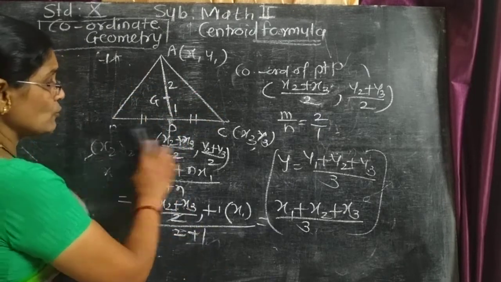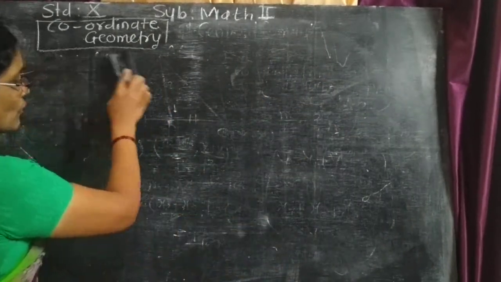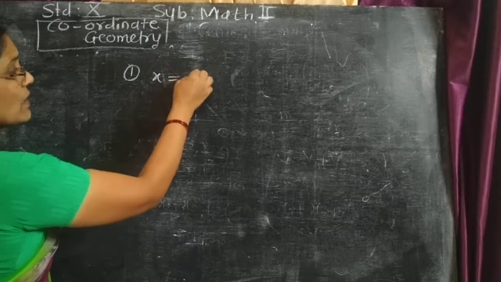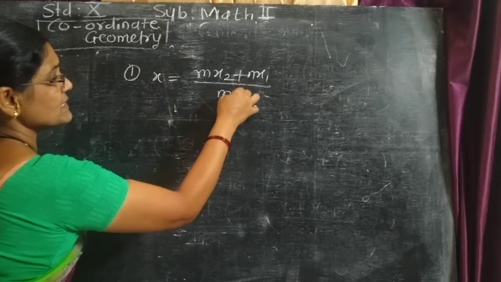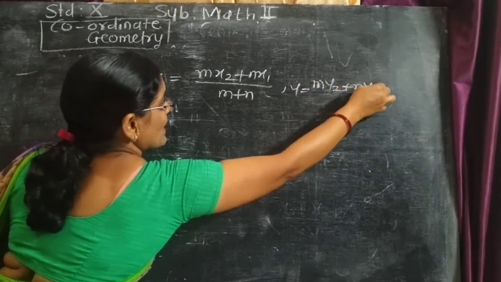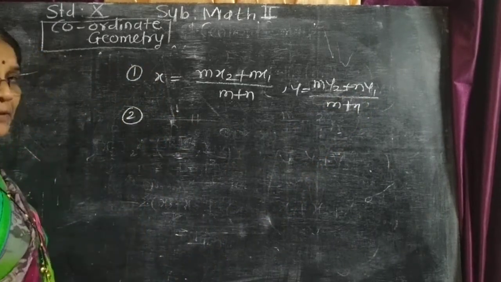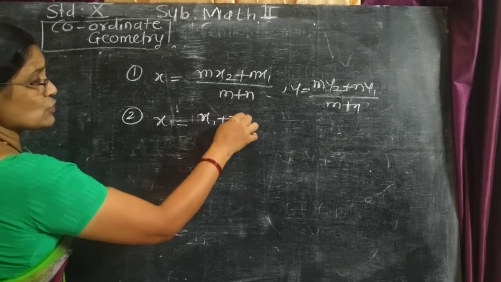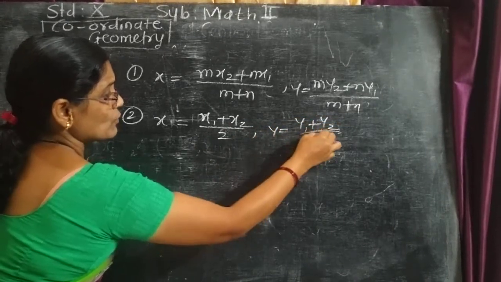Up to this point we have learned three formulae. The first is the section formula: the coordinates of point P are mx2 plus nx1 upon m plus n, and the y coordinate is my2 plus ny1 upon m plus n. Second is the midpoint formula: X is equal to x1 plus x2 upon 2, Y is equal to y1 plus y2 upon 2.